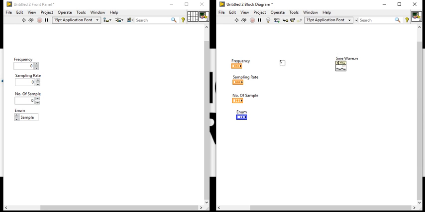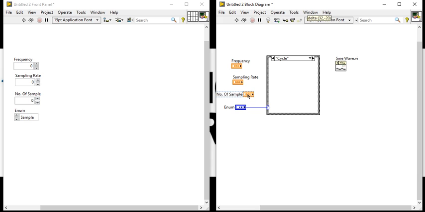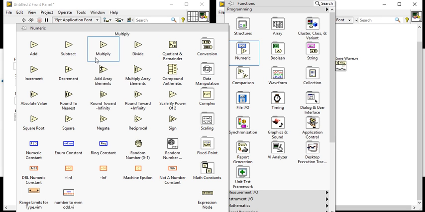Now take one case structure and place it here. Now this one is our sample. Right click here, take a divide function.